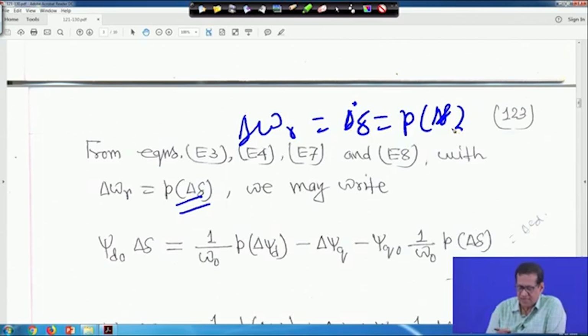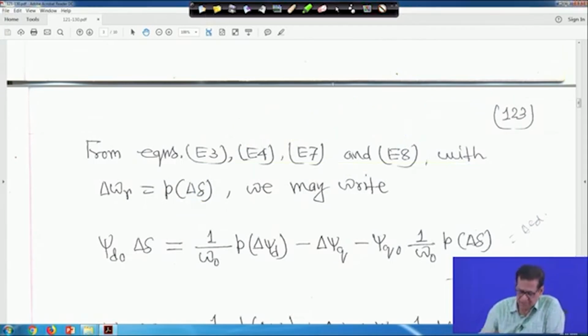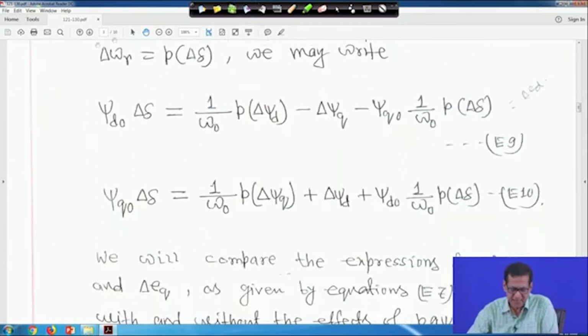So from equations E3, E4, E7 and E8, if you substitute delta omega r, then psi d0 delta will become 1 upon omega 0 p delta psi d minus delta psi q minus psi q0 1 upon omega 0 p delta. This is equation E9, right.